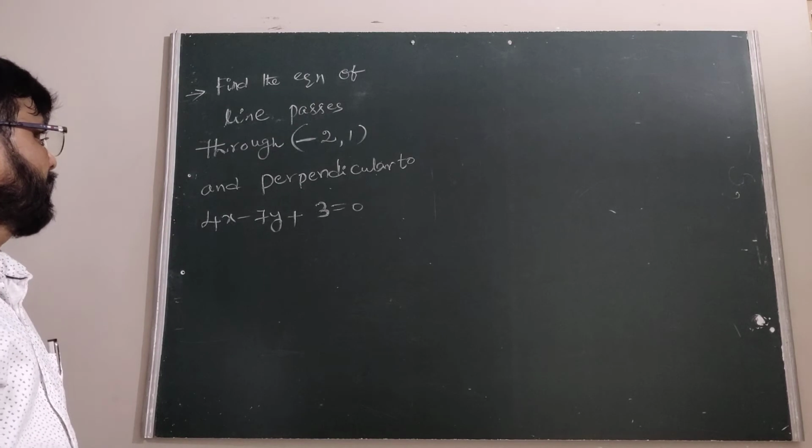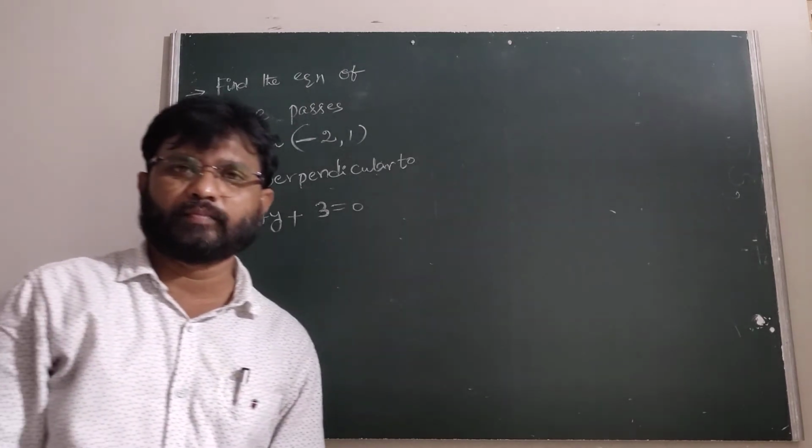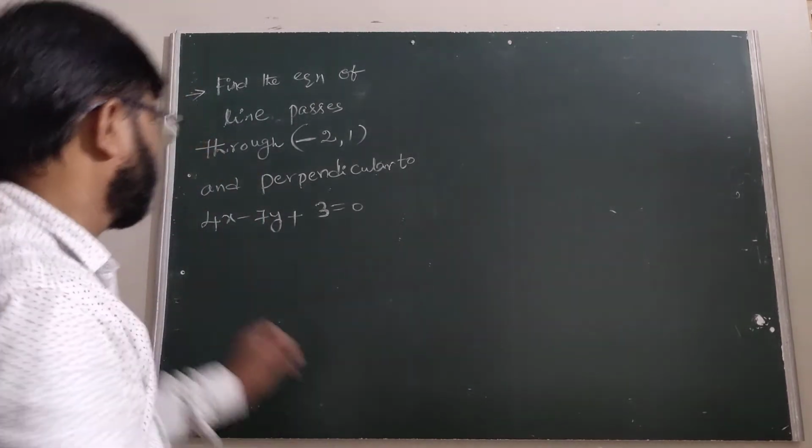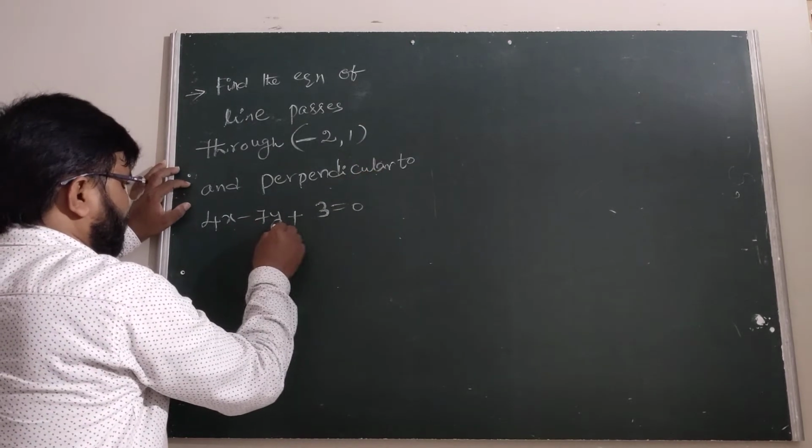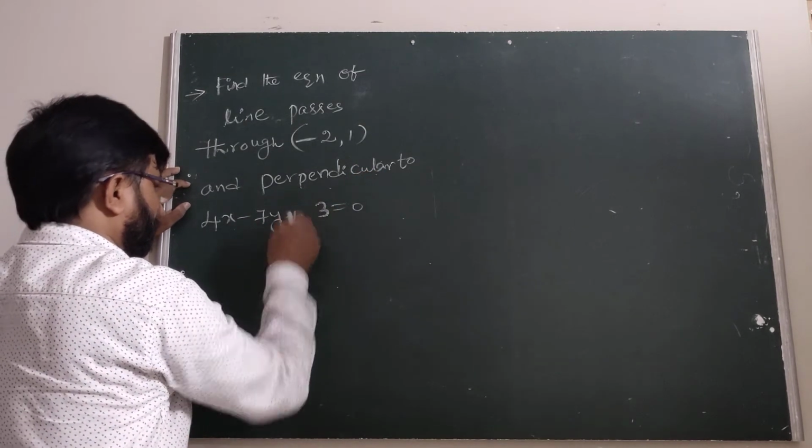Find the equation of the line passing through the point (-2, 1) and perpendicular to the line 4x - 7y + 3 = 0.